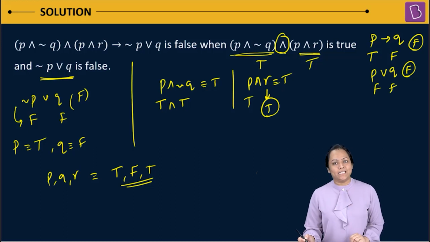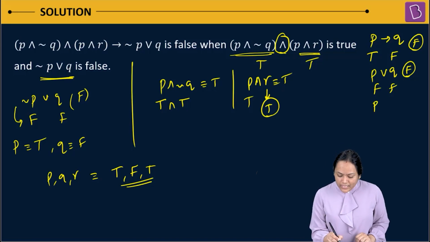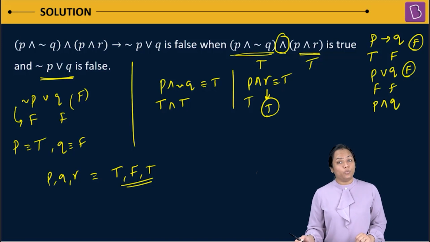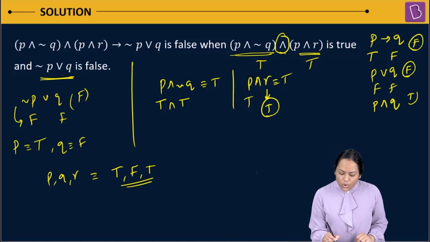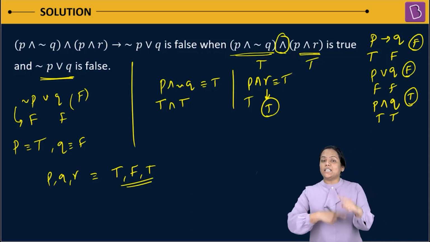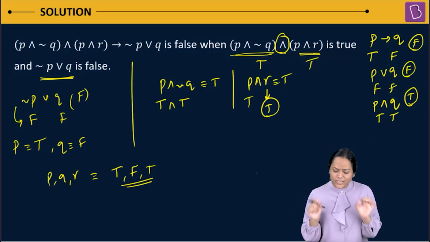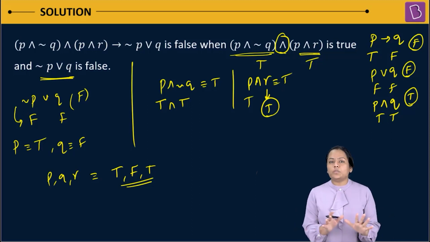And the third thing, which we have revised here, is that P and Q is true only when both of these are true. These are the things we have used in this question, and you can see the solution is pretty simple, isn't it?